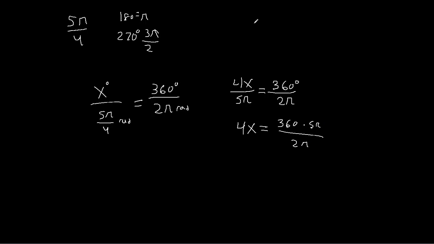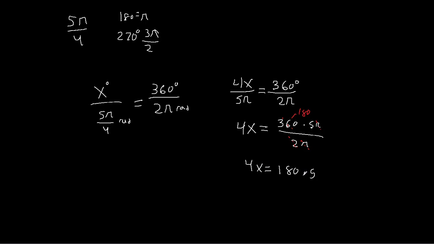All right, so I'm going to get a red pen out here. The pi's are going to cancel. This 2 is going to cancel into this 360, leaving 180. Okay, so we're going to have 4x equal to 180 times 5.